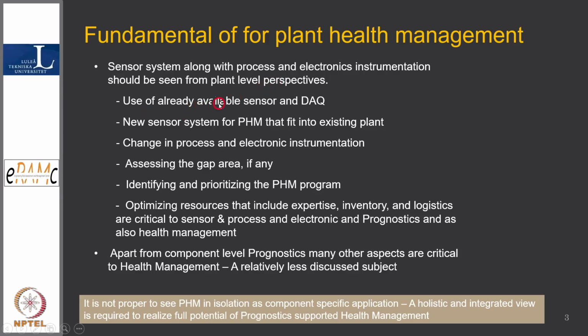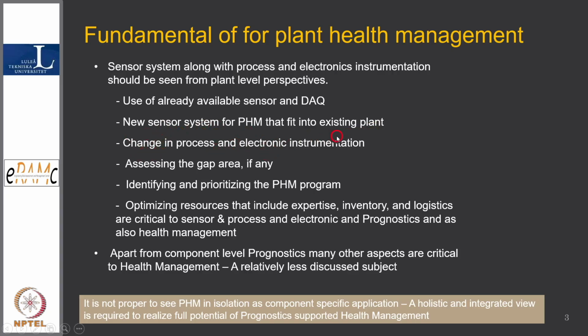So use already available sensors and DAQ, and then new sensor systems for PHM that fit into the existing plant. In fact, it can be a parallel activity also for some SSC, system structures and components. We can have an independent system which we are starting afresh also.